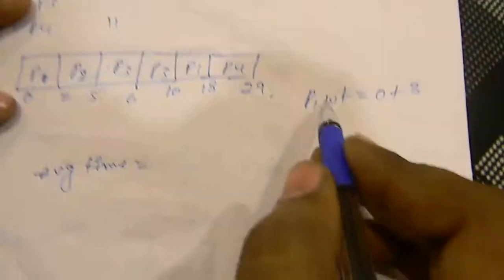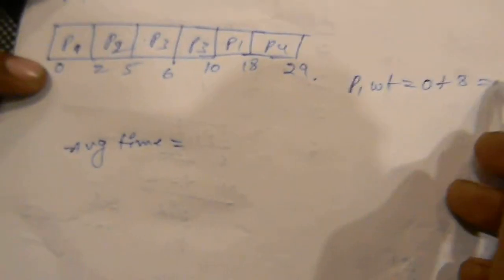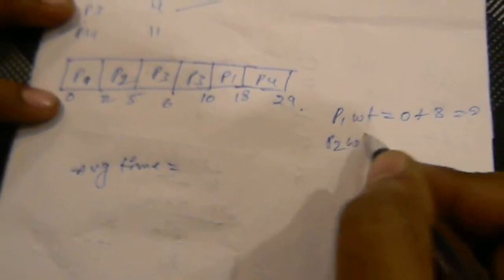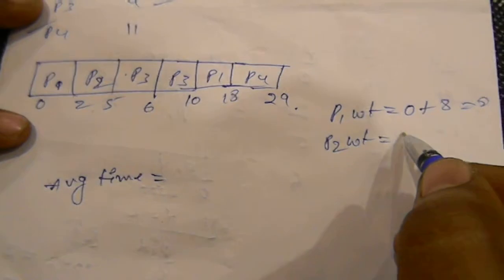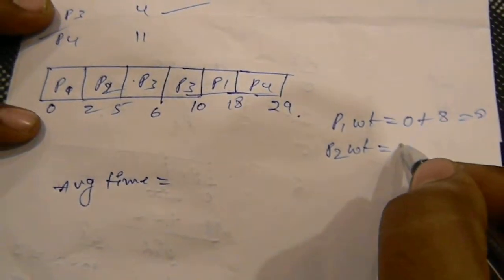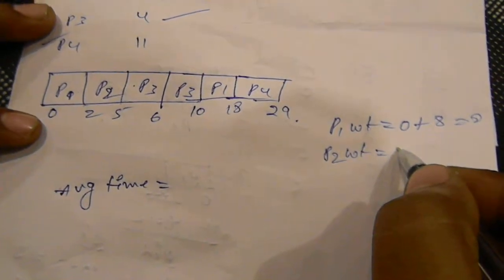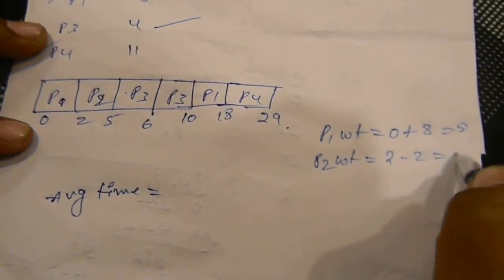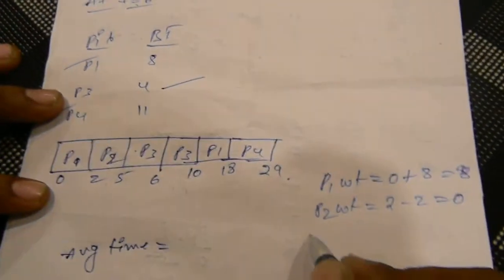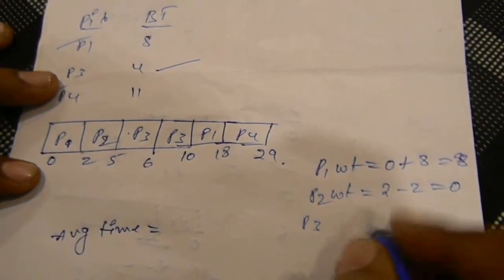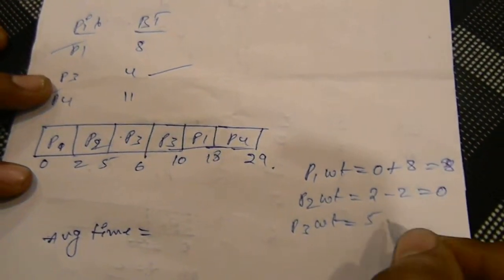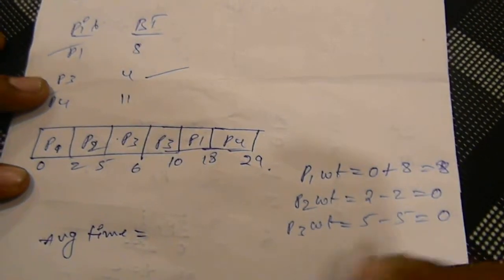So the P1 waiting time becomes 8 milliseconds. Now P2 arrives at 2 milliseconds and starts execution at 2 milliseconds, so 2 minus 2, its waiting time is 0 milliseconds. Now P3 waiting time. P3 starts execution at 5 milliseconds and arrives at 5 milliseconds, so the waiting time was 0.